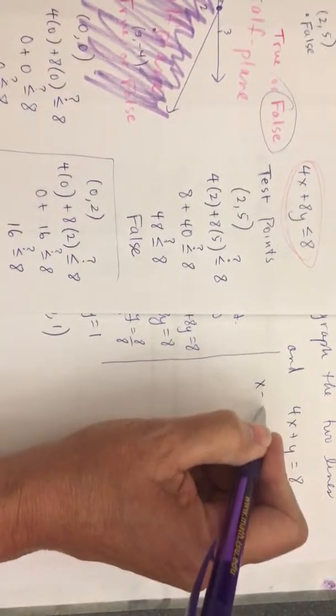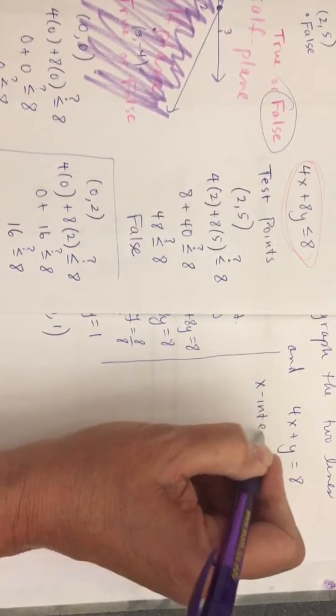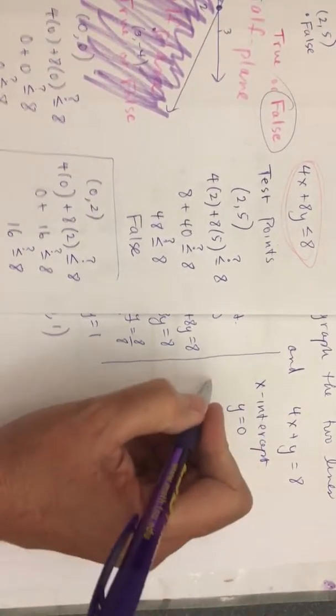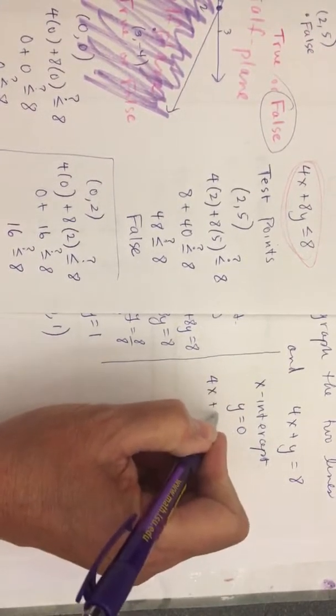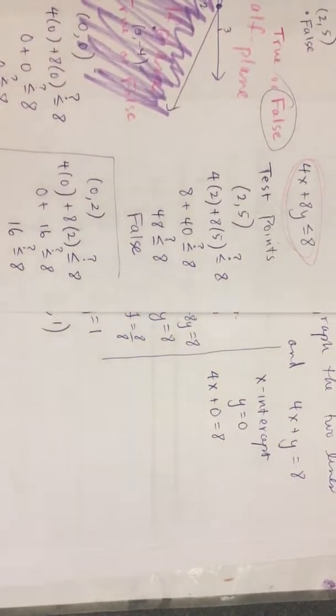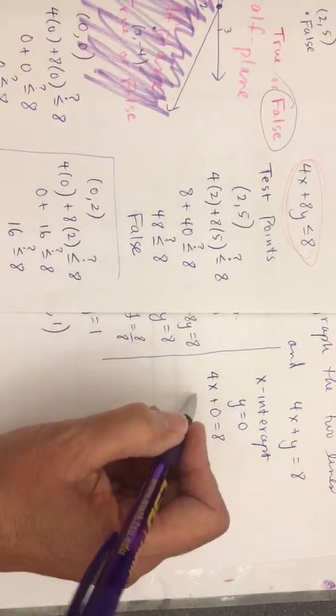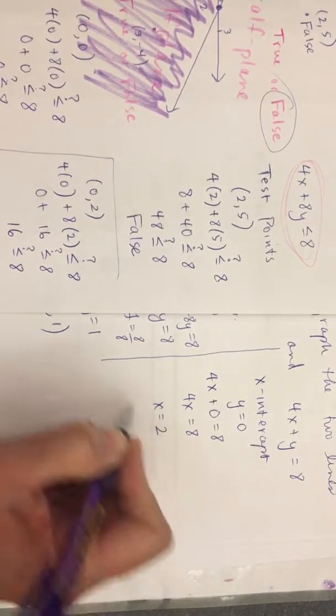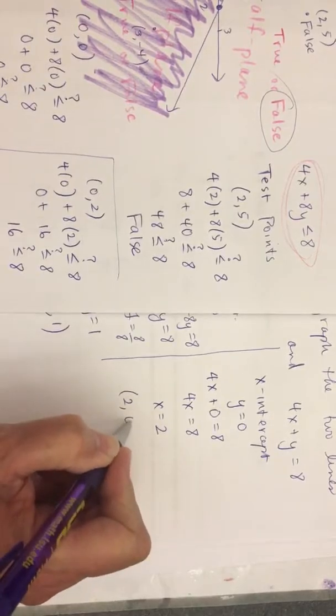So I'm going to look for the intercepts. For that, y equals 0. So I have 4x plus 0 equals 8. 4x equals 8, so x equals 2. So that one is (2, 0).